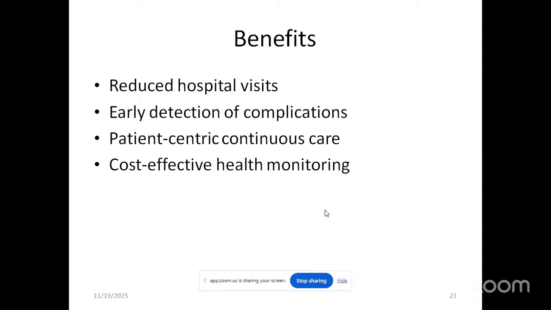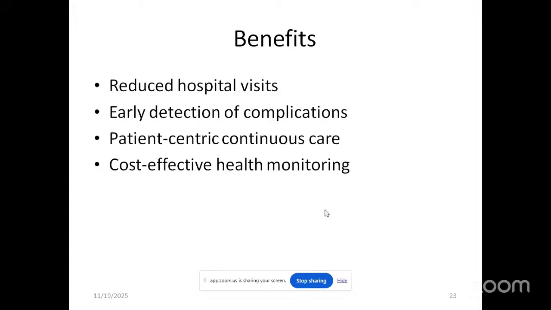What are the benefits of this project? First of all, the patient has fewer frequent hospital visits, there is early detection of complications, and patient-centric continuous care. Continuous monitoring and care are based on the patient data.